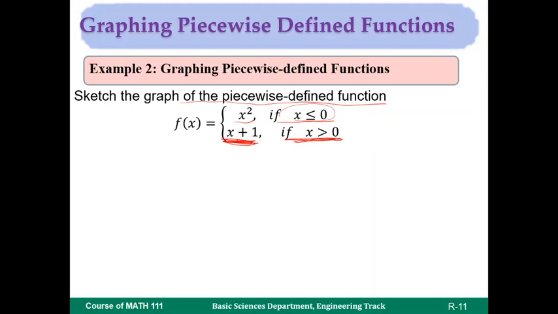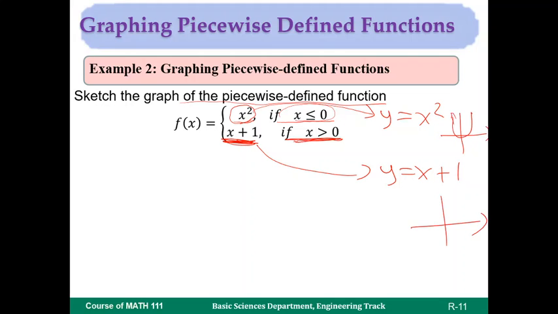So how should we sketch the graph? If you already know the graphs of these functions, y equal to x squared and y equal to x plus 1, it's better you make their graphs separately. You can make the graph separately like this, and it should be something like this maybe.